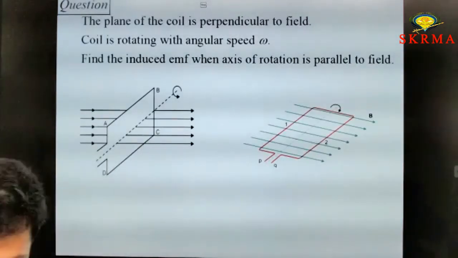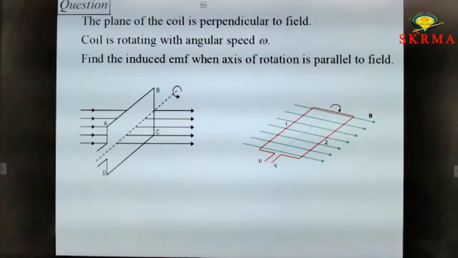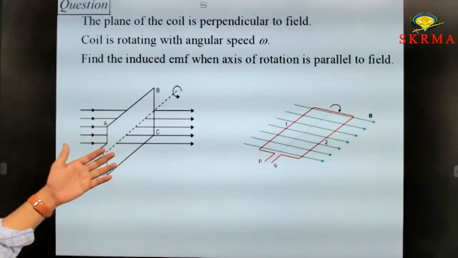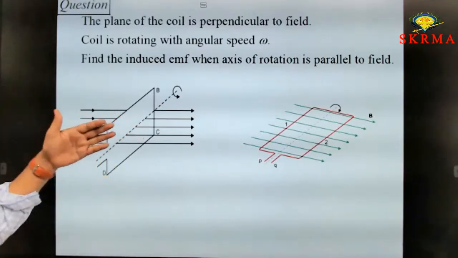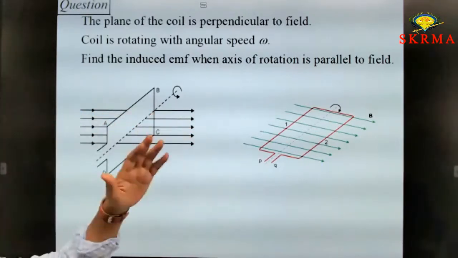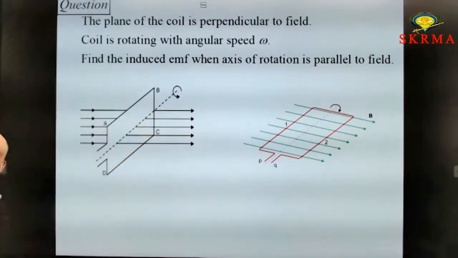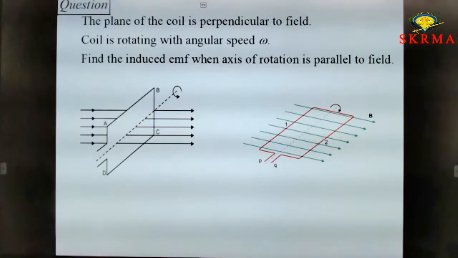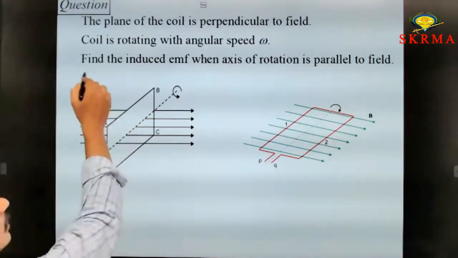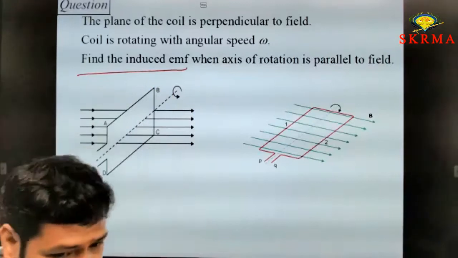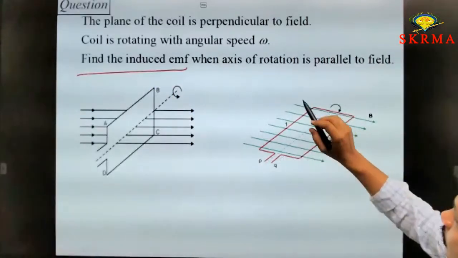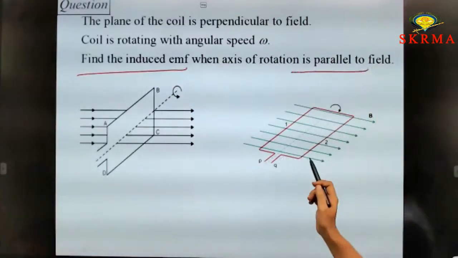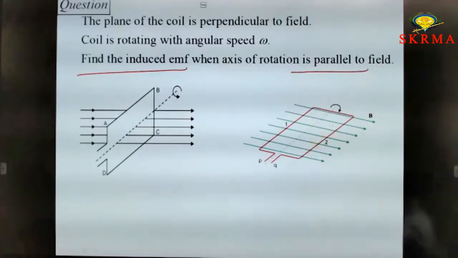There is another problem based upon the same concept. The plane of the coil is perpendicular to the field, just like this, with the field towards the right. The coil is rotating with angular speed omega. Find the induced EMF. When we rotate it parallel to the field, the coil is parallel to the field.